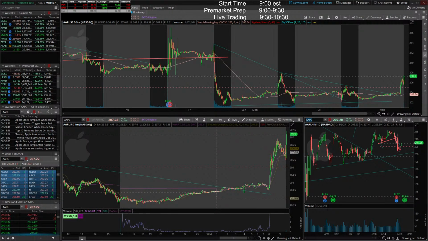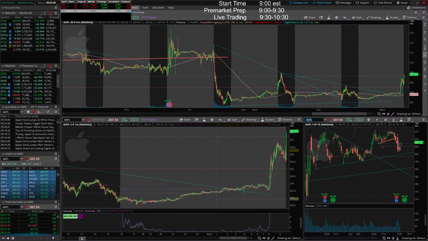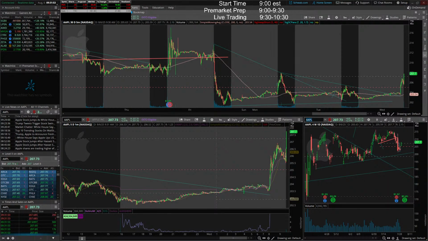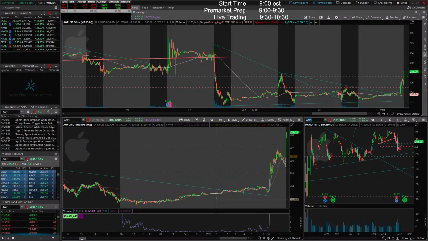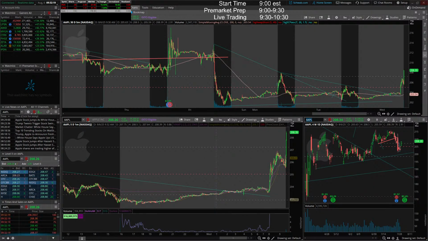Crypto names are struggling. Apple, huge spike out of the gate.